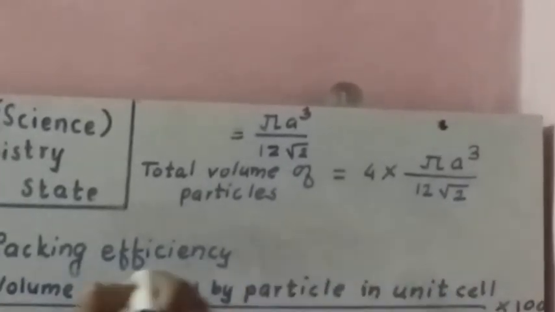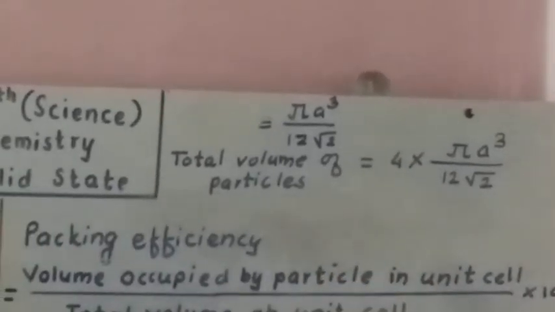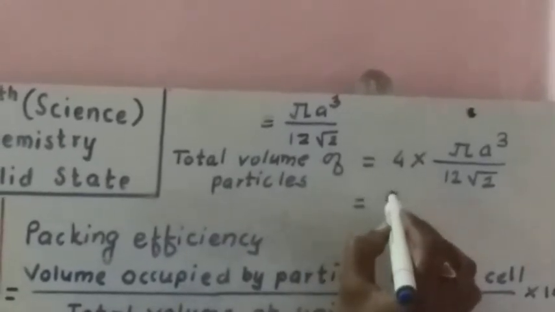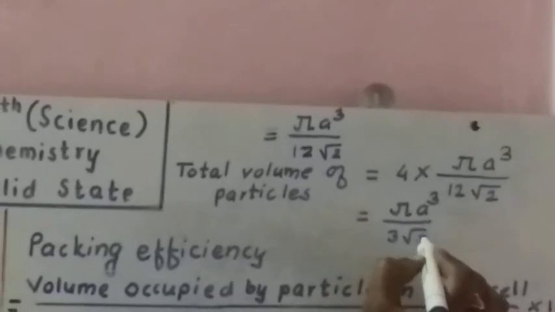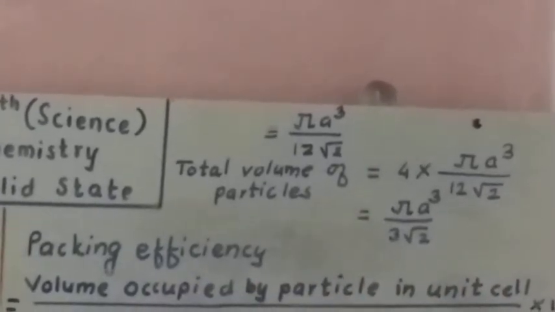So here 4 ones are 4, 4 threes are 12. So pi a cube upon 3 root 2. This is the total volume of particles.